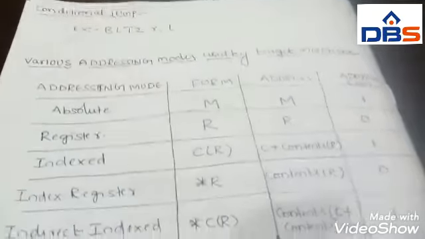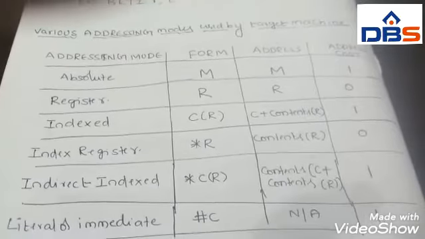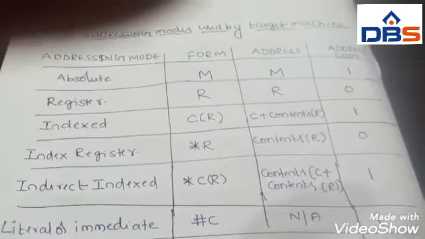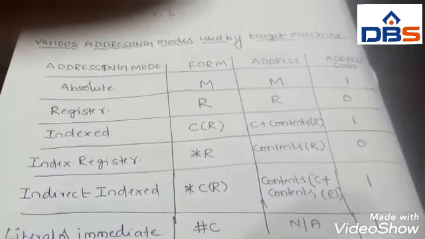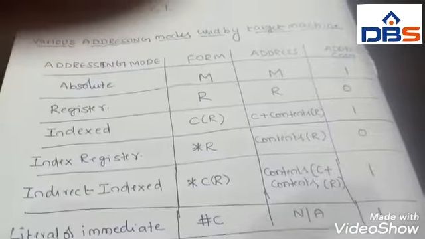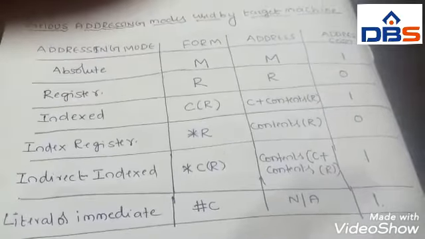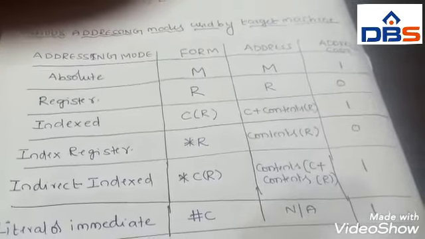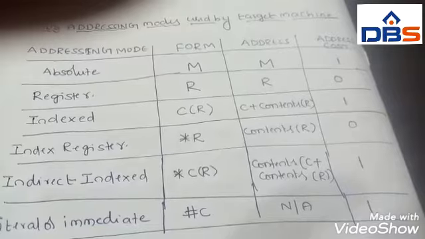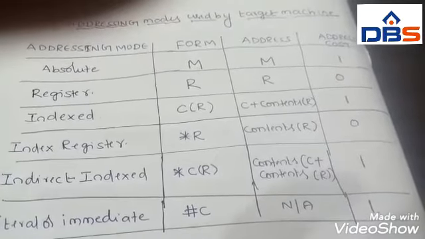Coming to the various addressing modes used by the target machine, here is a table. See, addressing mode, corresponding form, and address cost. There are plenty of addressing modes, but here only some are mentioned: absolute, register, indexed, indirect register, indirect indexed, and immediate. The absolute addressing mode form is M and the address is M. Here M means some memory location, and the corresponding address cost is 1.